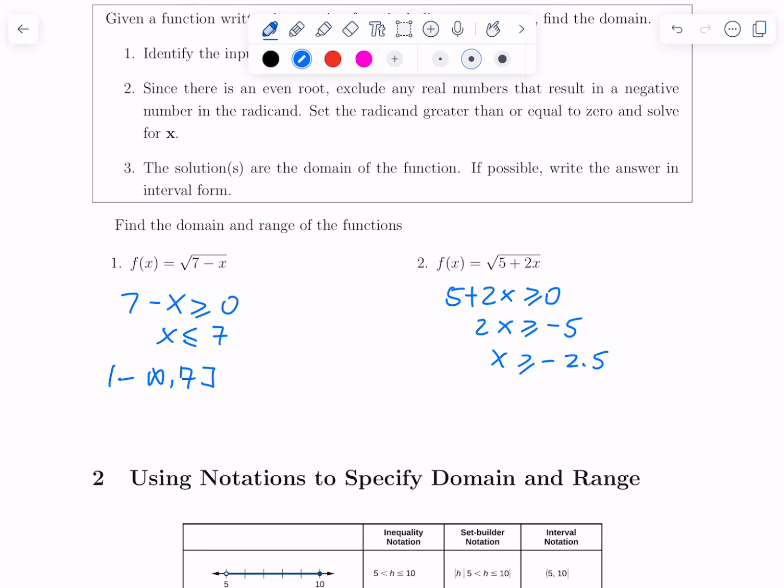So in this case, we're going to start with negative 2.5, and this is included, which means you can have a bracket over here. Then we're going to go to positive infinity, but you cannot include the infinity, so it will be a parenthesis.